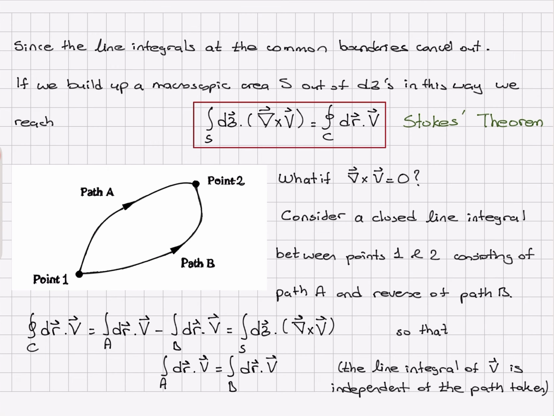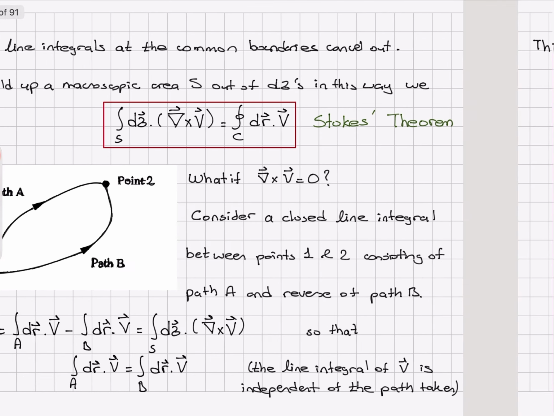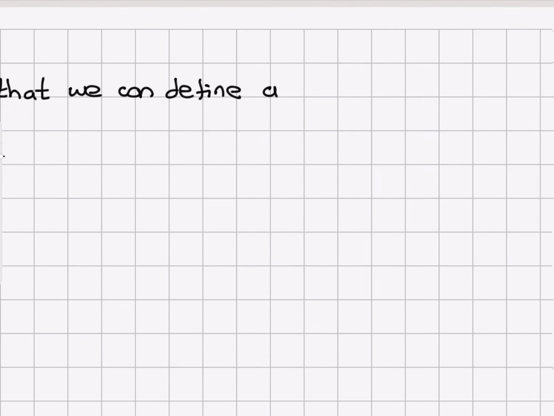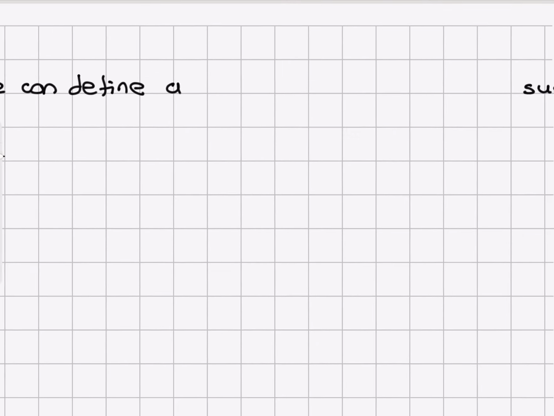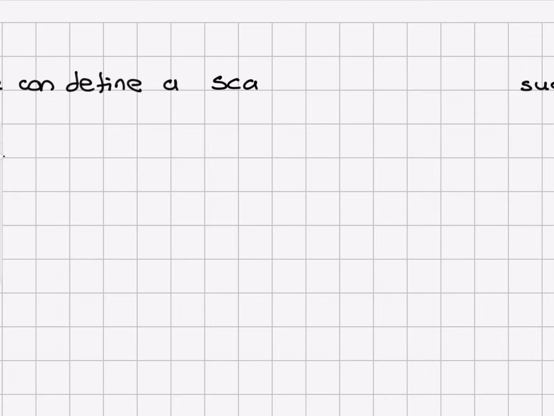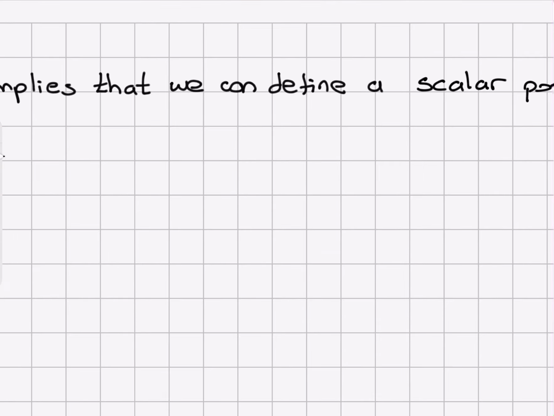That sounds familiar from mechanics. So this implies that we can define a scalar potential, a scalar potential energy function, for example in the case of force, phi as a function of space r, such that this vector field V can be written as minus the gradient of this potential phi.